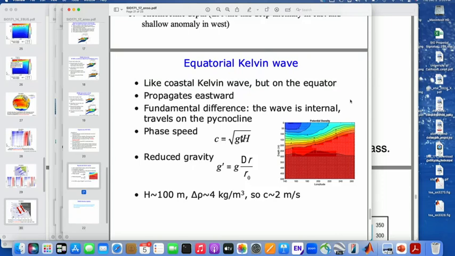What is that? Yeah, 707.25. So then if your height was 100 meters, you'd have 7.07 as the delta rho. So let's see.